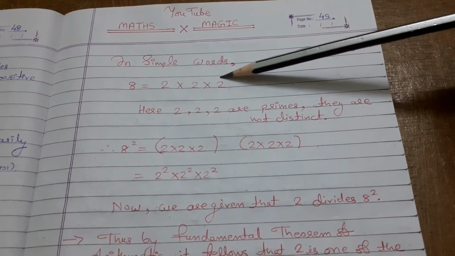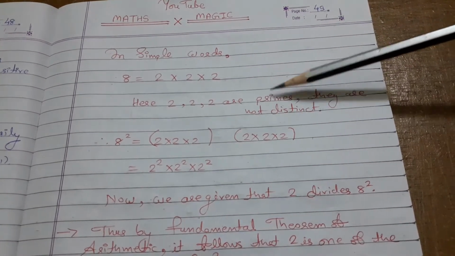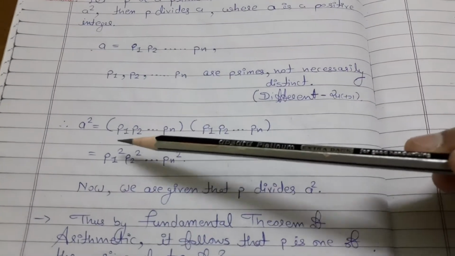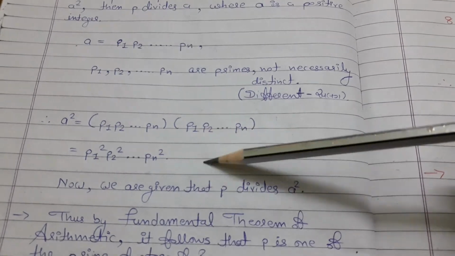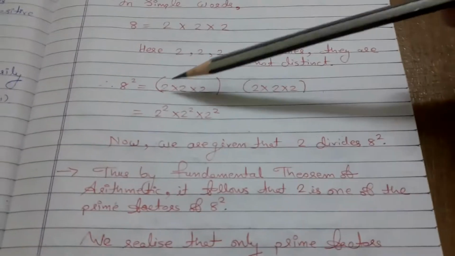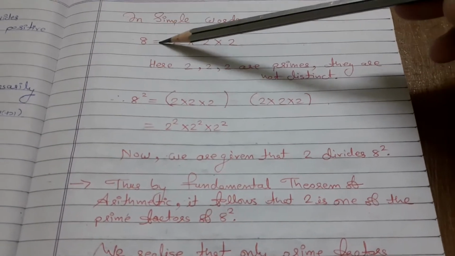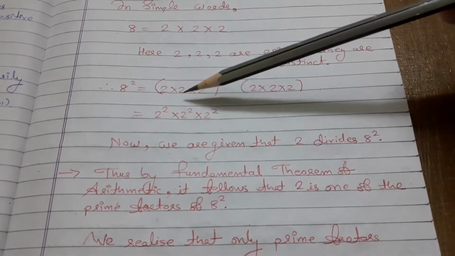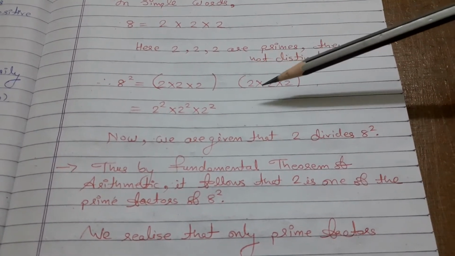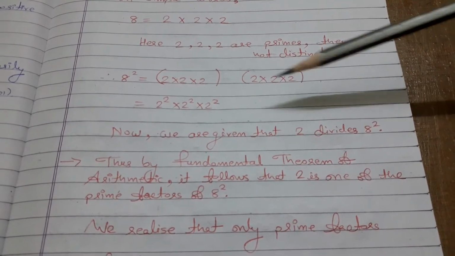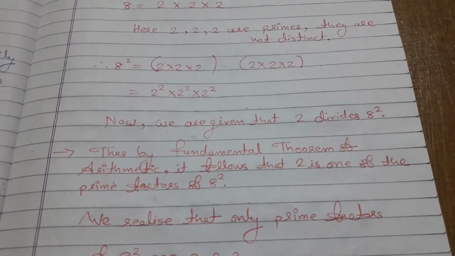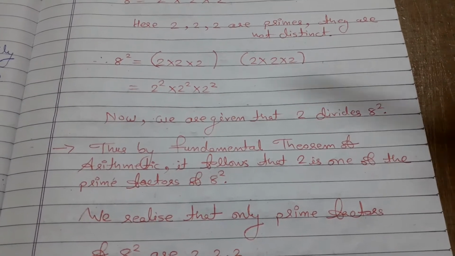All the numbers are primes, and they are not distinct. Then they have given a square is equal to p1, p2, ..., pn into p1, p2, ..., pn. So we write 8 square. Here a is 8, so 8 square is equal to 2 into 2 into 2 in the first bracket, and 2 into 2 into 2 in the second bracket. Then squaring, that is 2 square into 2 square into 2 square.